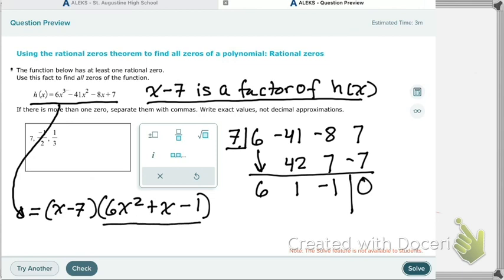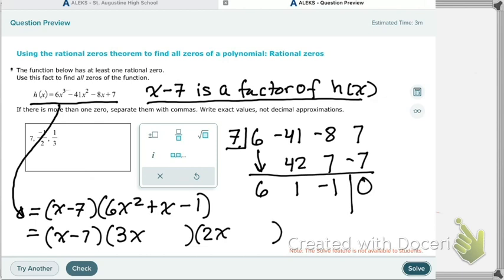Now I'm down to a quadratic. And what can I do? I can either factor it or I can use the quadratic formula. So this is a really good place to be in, trying to solve a polynomial. I'm going to look at factoring it here. I think 3x and 2x is what I'm going to go for. And then the minus 1, I got to use a plus 1 minus 1. I'm seeing plus 1 minus 1.